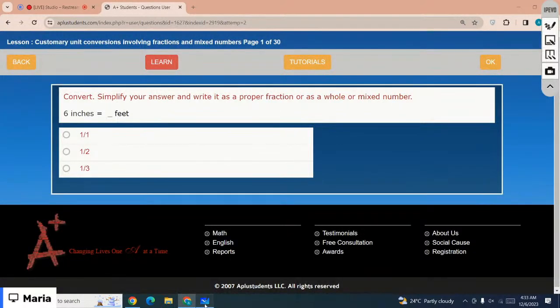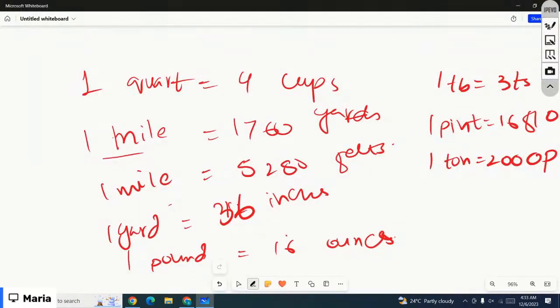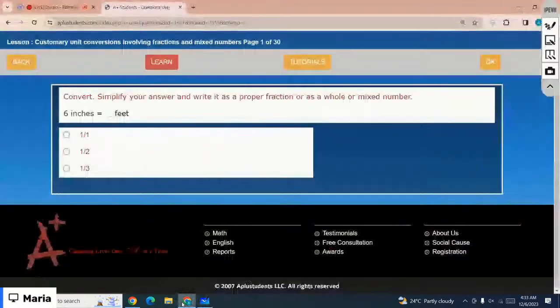In 1 foot, you have 12 inches, right? So then 6 inches is half of the foot. The correct option is 1 over 2 feet.